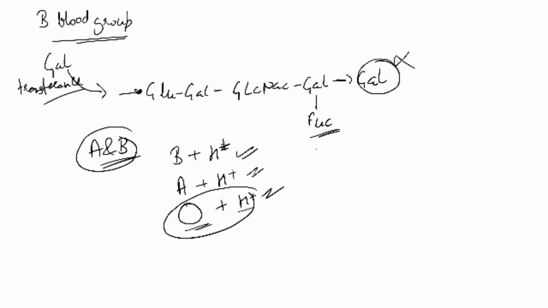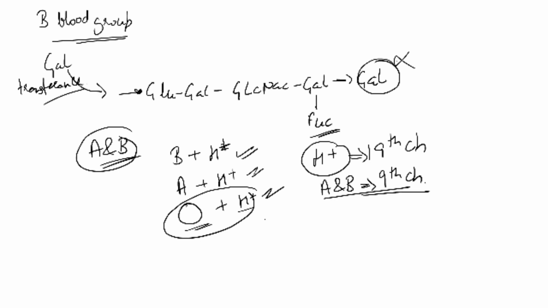Now one more thing to notice, the H antigen is always present on the 19th chromosome and the A and B antigens are present on the 9th chromosome. So this is the point to be remembered.